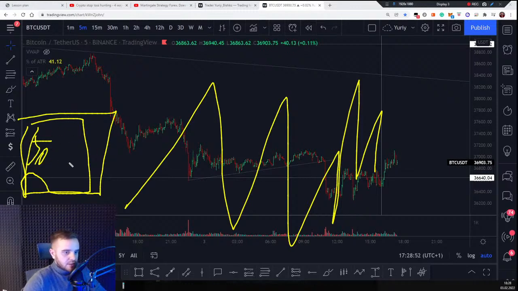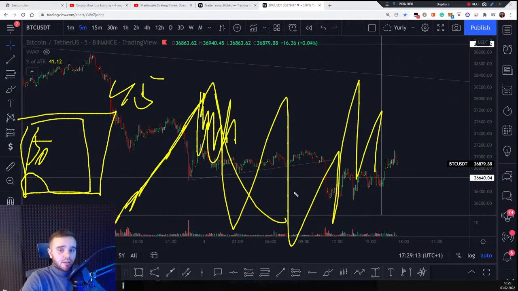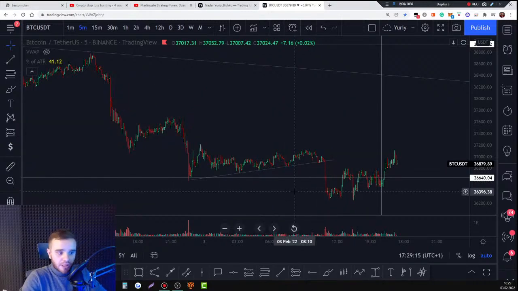But it is your fuel capacity, how much you can burn. And the same for Bitcoin. Imagine that Bitcoin rises up and has already burned 45% of its fuel. Without any recharge, it's nearly impossible for Bitcoin to make additional movement. And that recharge is a range or a pullback. That's how you can treat ATR.